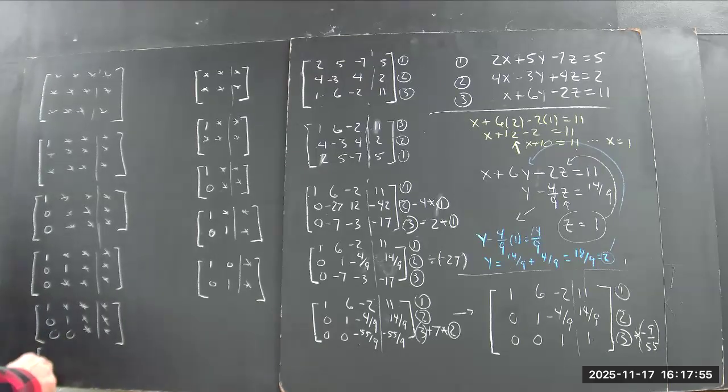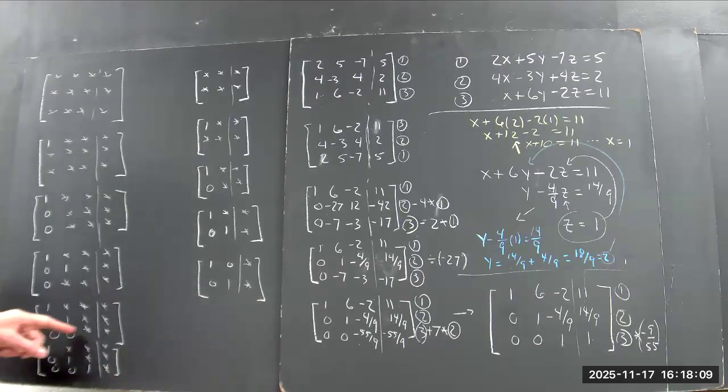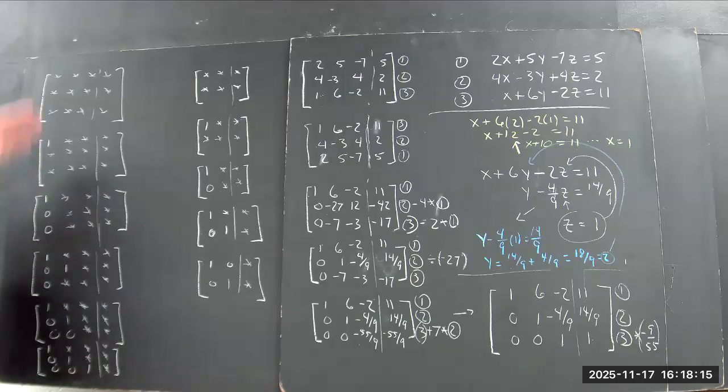And then finally, you're going to divide this third row, which has 2 zeros to start, by whatever this number is to get a 1. That's the sequence of things that you want to see.